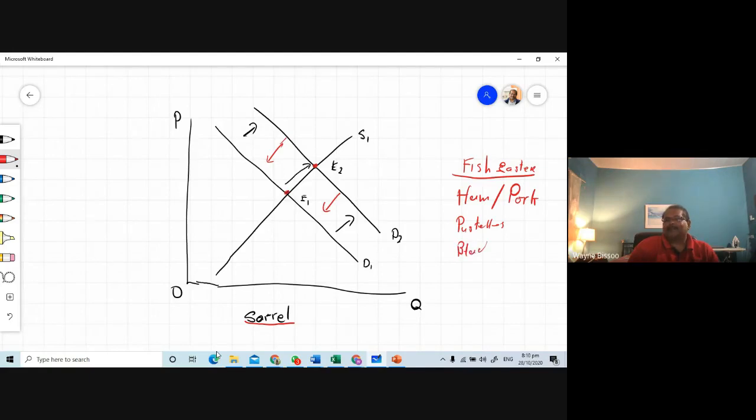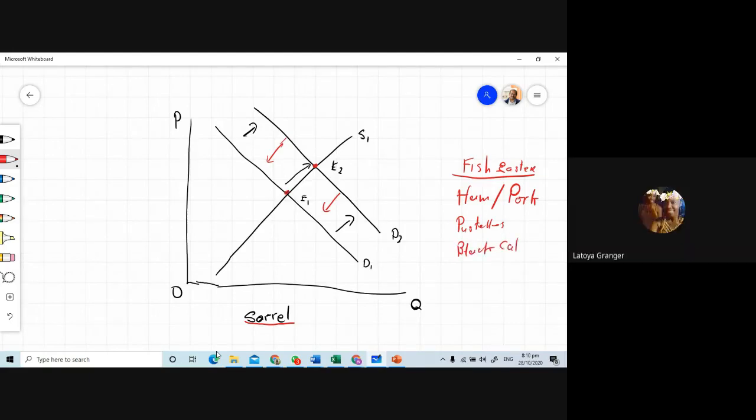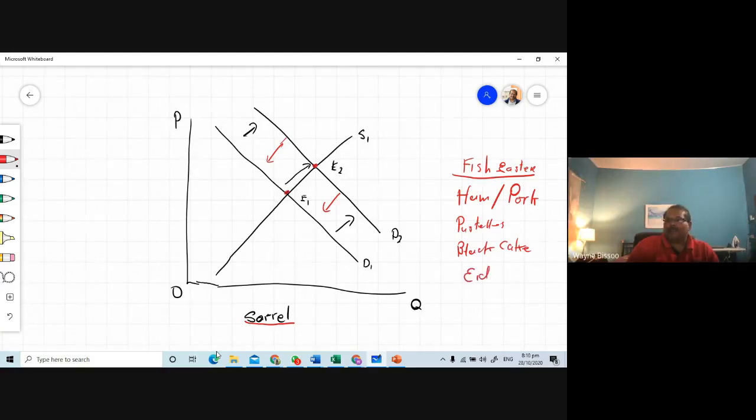You understand what I'm talking about? Like the sorrel for Eid? Correct. What is it that Eid and Diwali would have? That would suddenly pop up and change demand. These are all non-price determinants here.